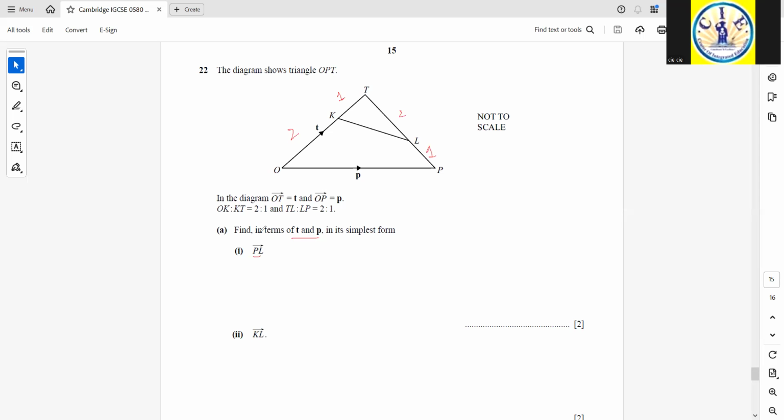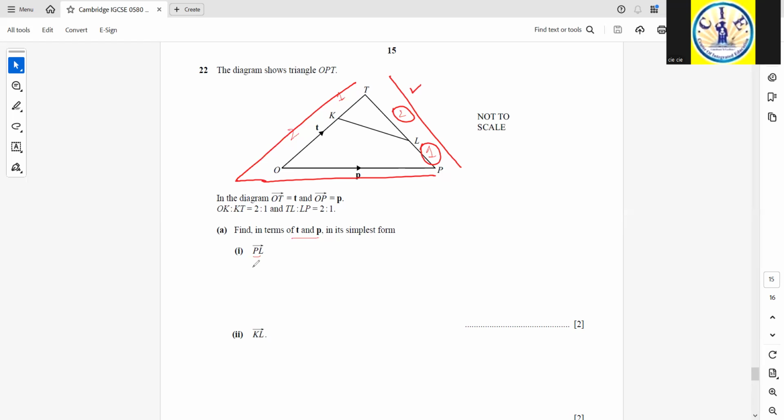We can see that from P to L, we can reach from P to O, then from O to T, that would be PT. And then once we are done with this PT, we can calculate one portion out of three portions of PT.